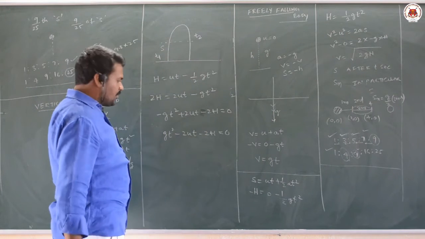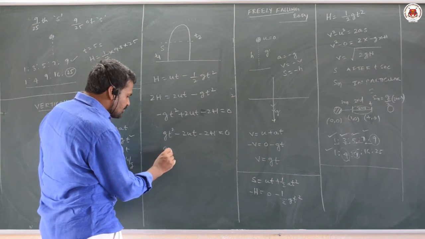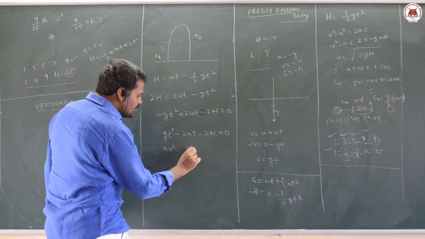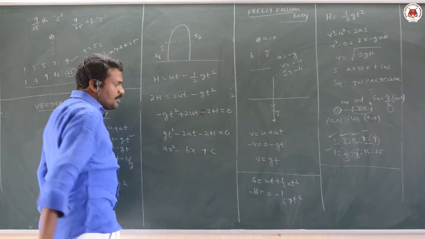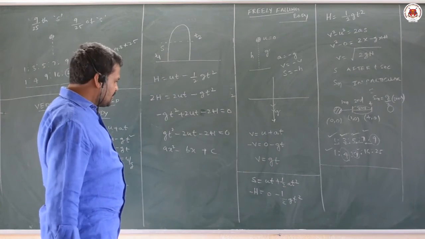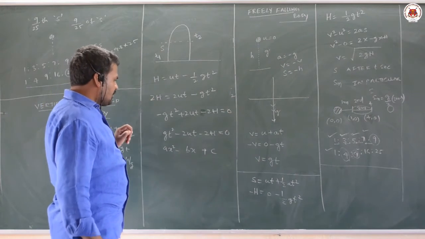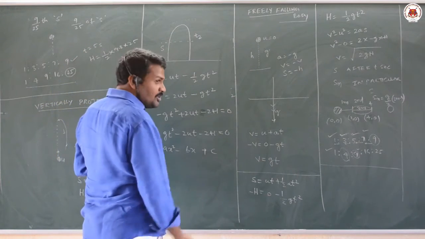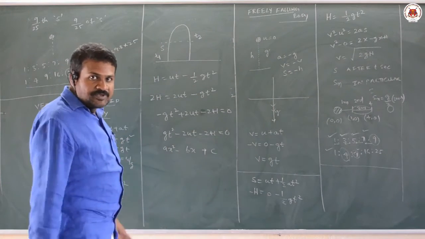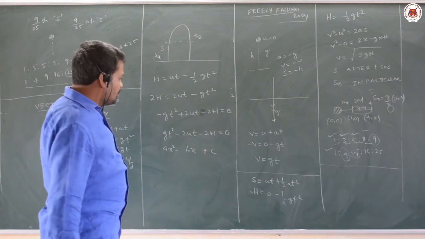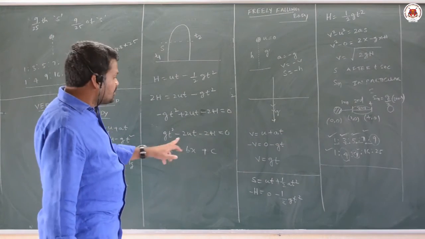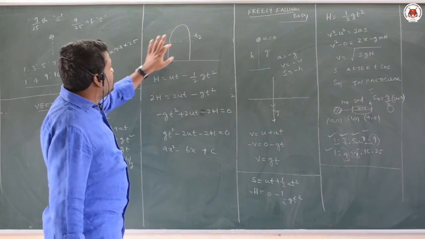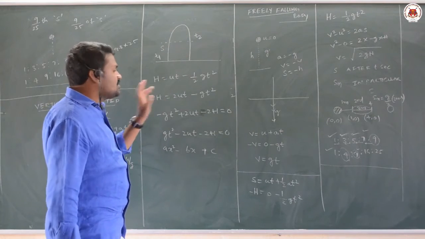Now this is in the form of ax square minus bx plus c. So here the root of the equation is time. For this kind of equation there will be two answers, that is t1 and t2. That means for two different times the displacement is the same.